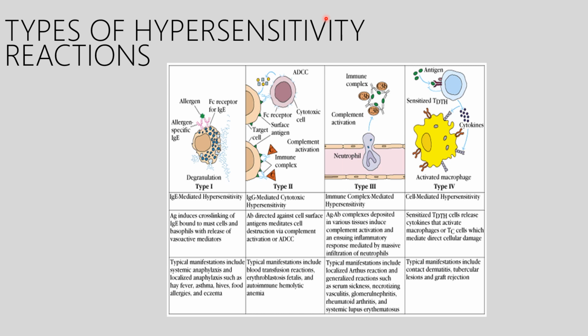And in both type 2 and type 3 hypersensitivities, the complement system plays a major role in producing tissue damage. And lastly, type 4 hypersensitivity is due to sensitized T cells, unlike type 2 and 3, which are due to antibody deposition.